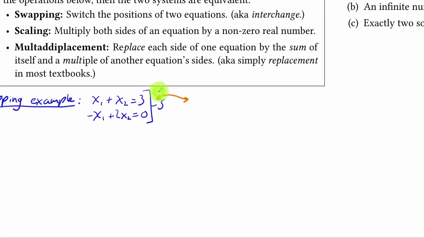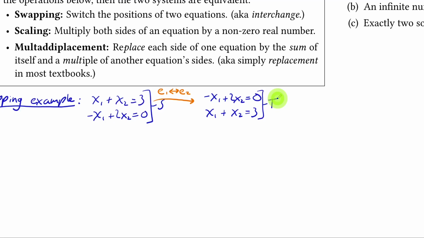And my way of writing that is just saying equation 1 and equation 2 are getting switched, and that will lead to the following system. And this system, technically, it is the same equations, but they're written in a different order, so there is something different about them.